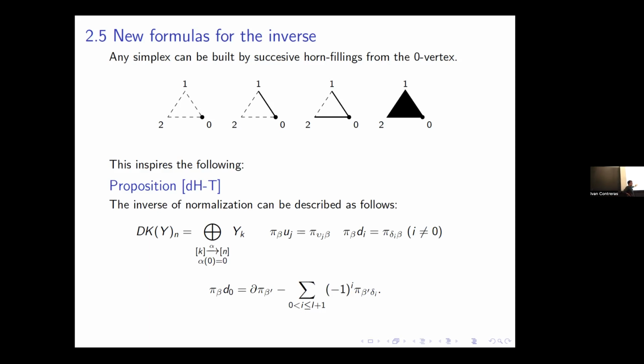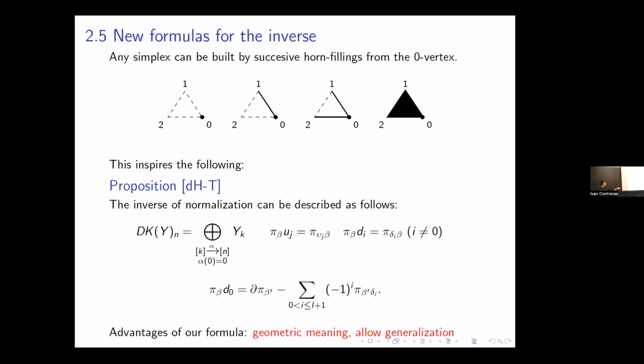Here there is a stronger difference. The idea is that once you keep track of the simplex by looking at all this information, or these horn fillings, every time I perform a degeneracy or a face other than 0 is combinatorics. You see here and here. It is the 0 face that makes a lot of trouble because I have to rephrase everything.